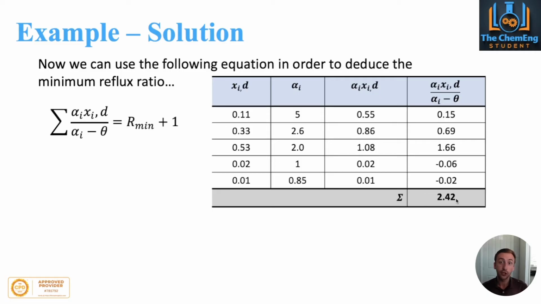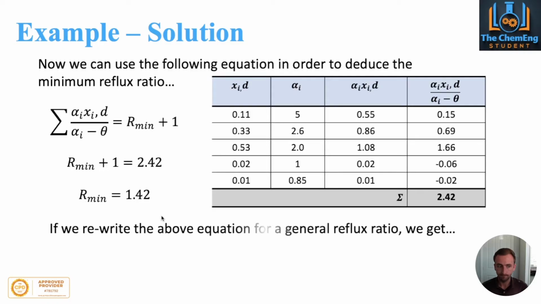We take the summation, because remember, it's the summation of all these different components, because each component will have different properties, and therefore it will have an impact on the overall behaviour of the mixture. So we take the summation, and that tells us that R min plus 1 must be equal to 2.42. That tells us that the minimum reflux ratio for this system is 1.42. So this has found another element of the question.